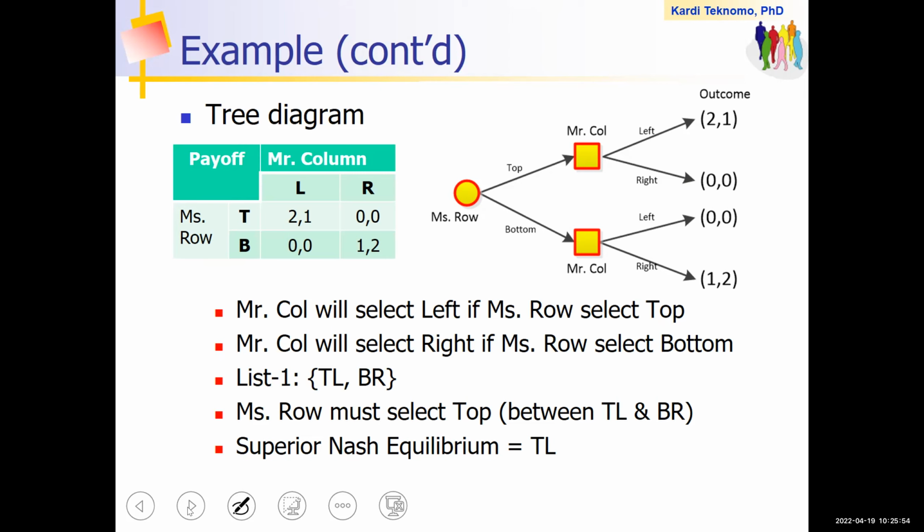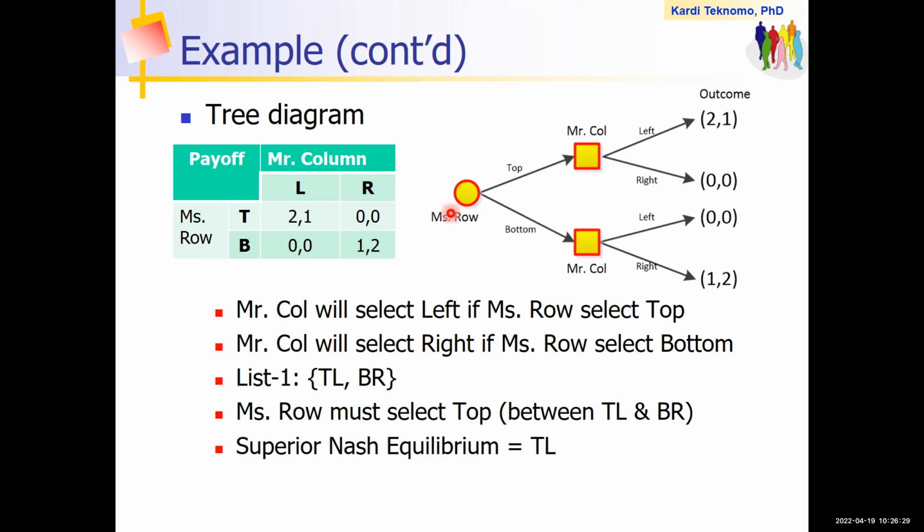You look at the second number. I will put the laser pointer here. Suppose Miss Row plays top. Now you check Mr. Column, that means 1 and 0. Which one will Mr. Column select, left or right? Because 1 is larger than 0, if Miss Row selects top, Mr. Column will select left. So I put here TL, meaning top left.